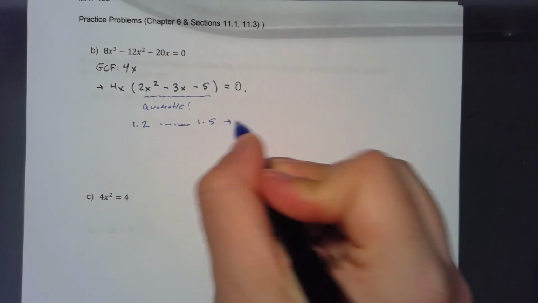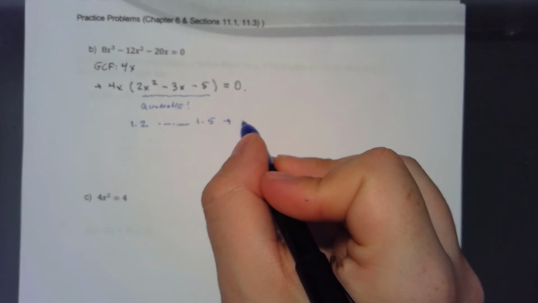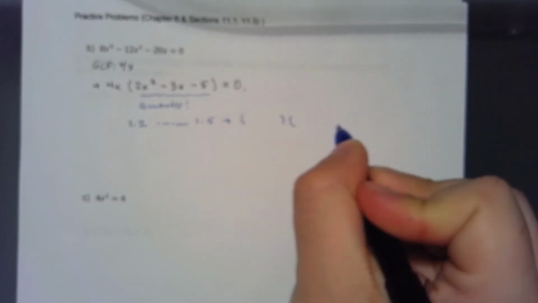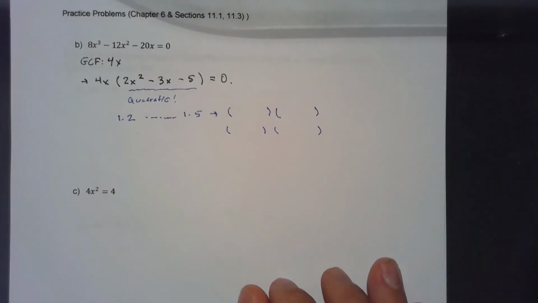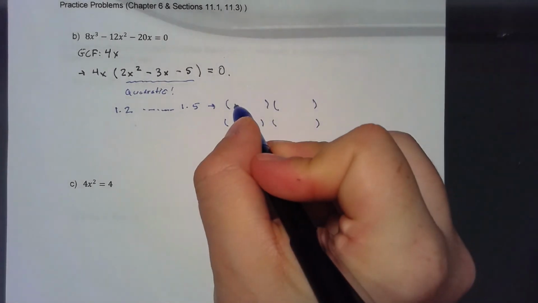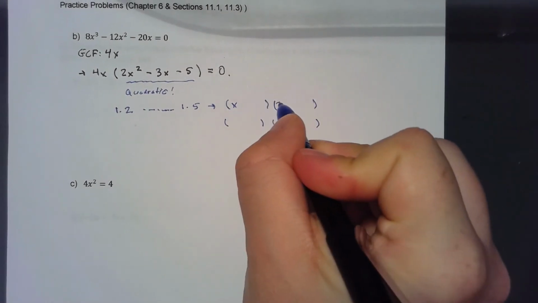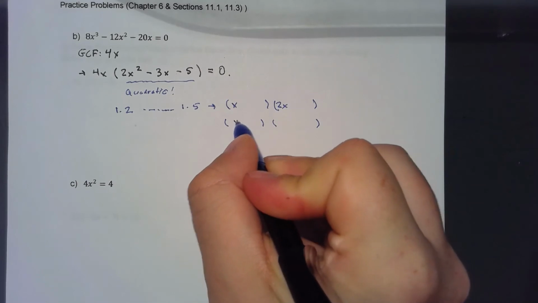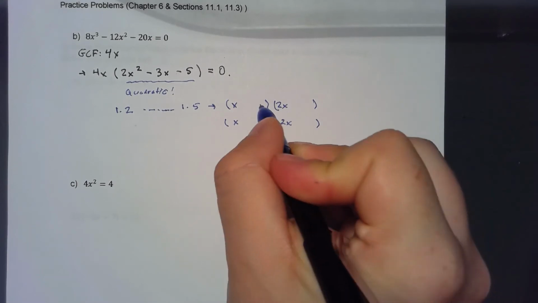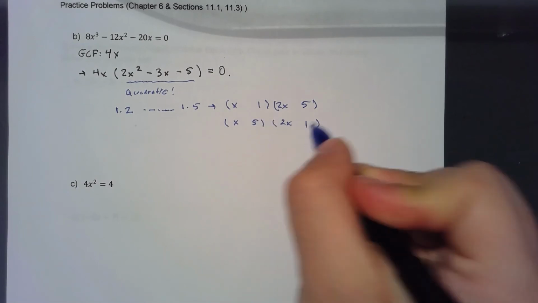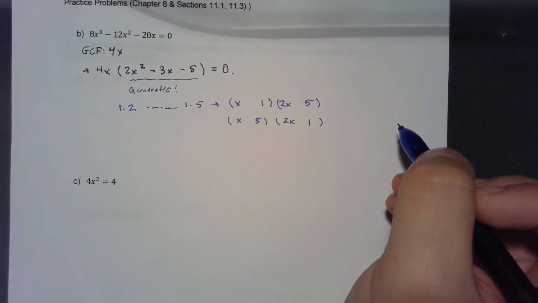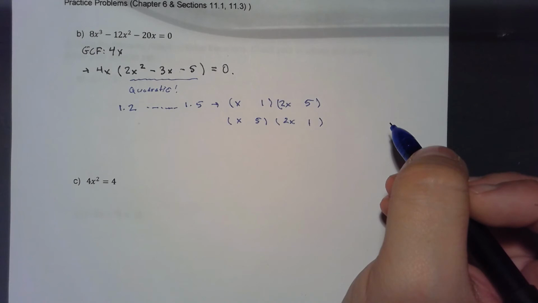Now, since my leading coefficient is not 1, I have 2 combinations, 1 and 2. So the first combination is x, 2x, x, 2x, then I have 1 and 5, and 5 and 1. Which ones are going to give me negative 3x?